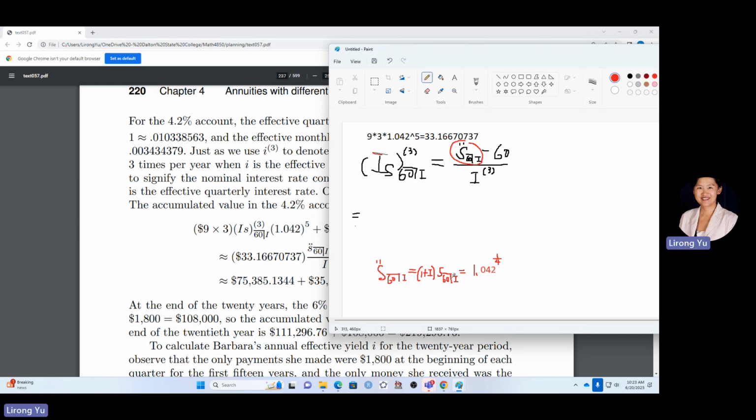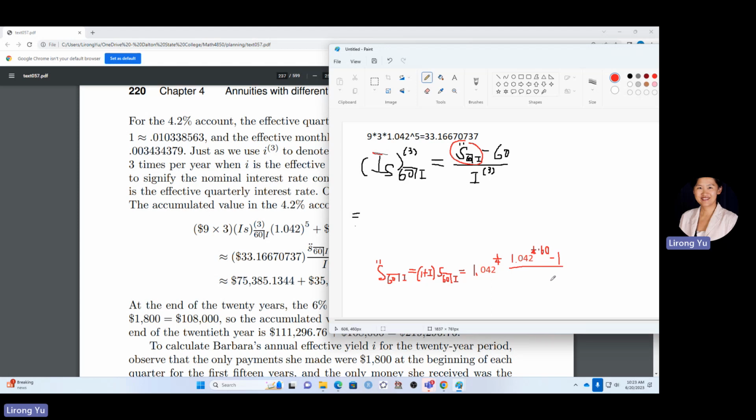All right, and then the S60 is i to the n power, n is 60. I might be doing this a lot slower than you guys did. So it's 1.042 to the power of 1/4. That's i, but it has to be raised to the power of n, and n equals 60. This is a minus 1. That is the numerator.